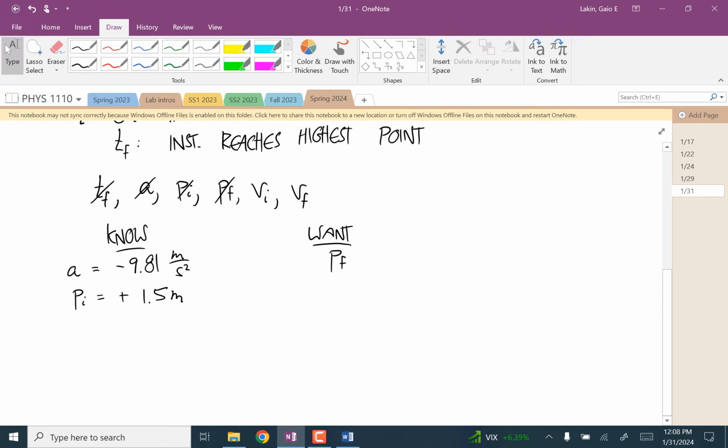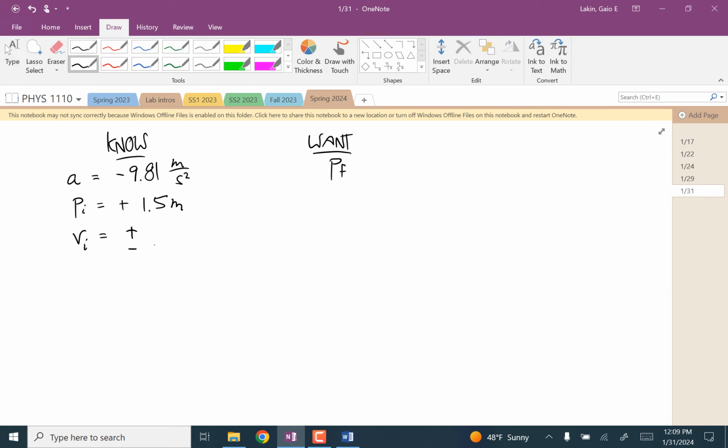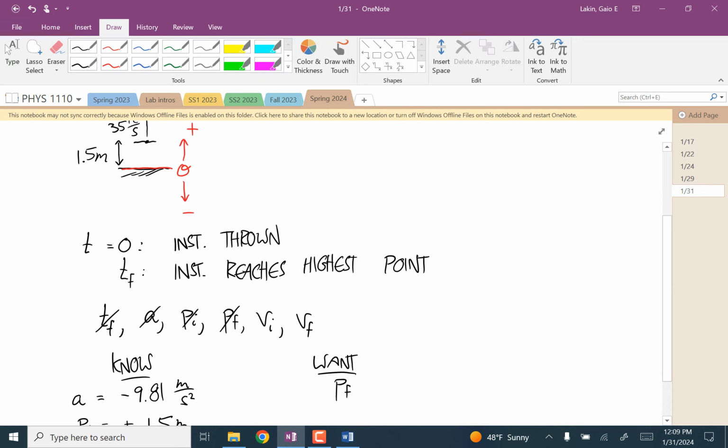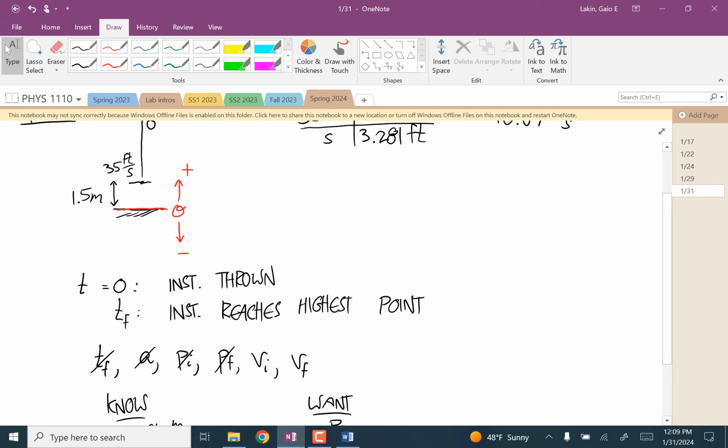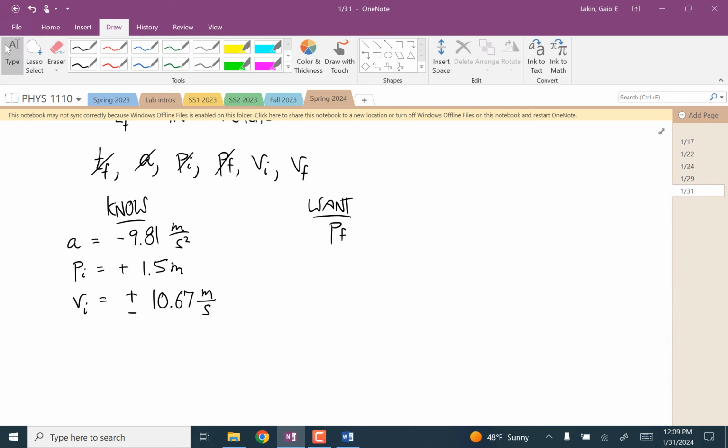V initial: now the velocity is always going to be the speed with a sign added on to tell you the direction. So we know it's going to be plus or minus 10.67. And then we just have to think, is it moving in the positive or negative direction at time equals 0? Our positive is up. It's moving up, so this is going to be positive.